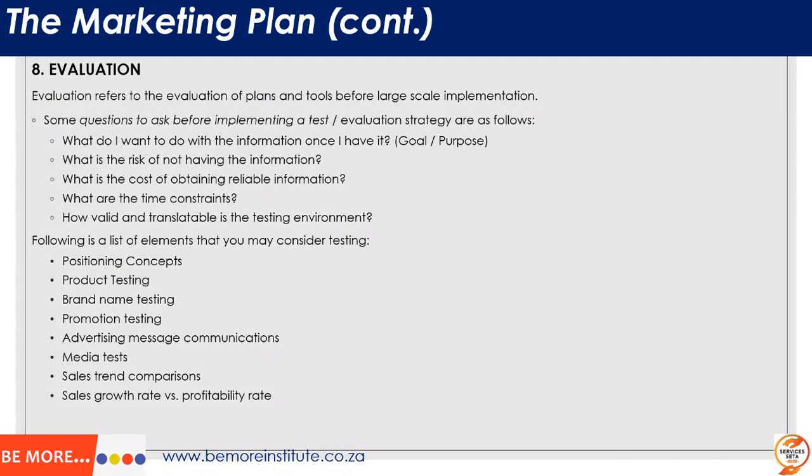Some of the questions that you need to ask before implementing or evaluating your strategy: you need to know exactly what you want to do, what are the risks that you are exposed to, and make sure that there is a proper risk mitigation plan. The costs we've already spoken about.